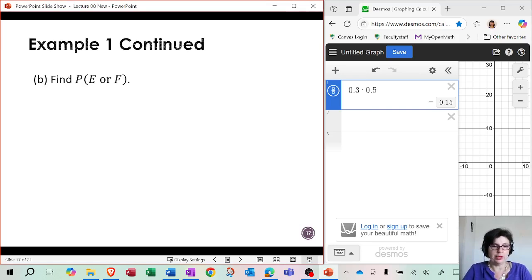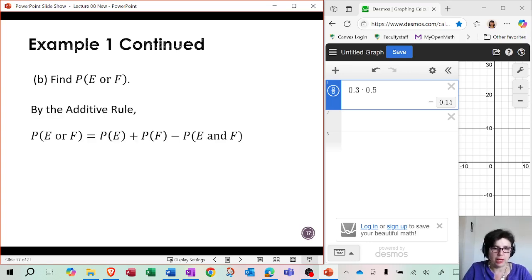Now let's say we want to find the probability of E or F. I want you to remember, especially for the test, anytime you see the word "or," you are using the additive rule. What does the additive rule say? Probability of E or F equals probability of E plus probability of F minus the probability that they both happen at the same time.